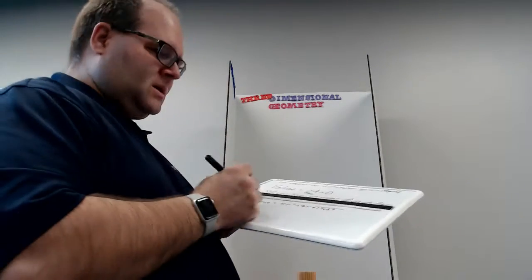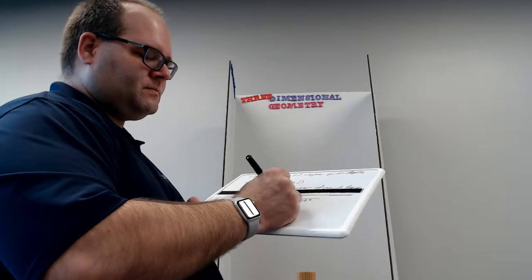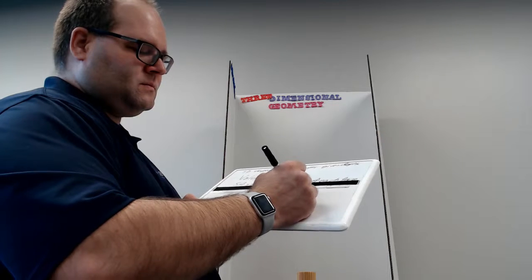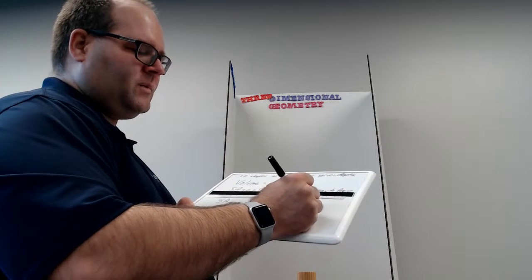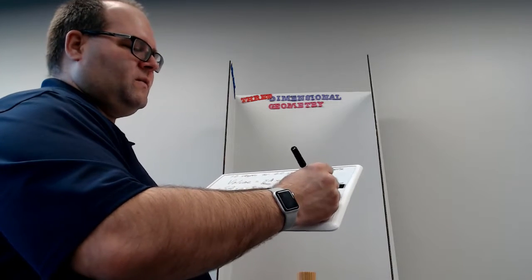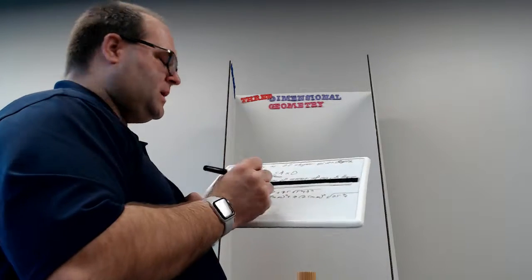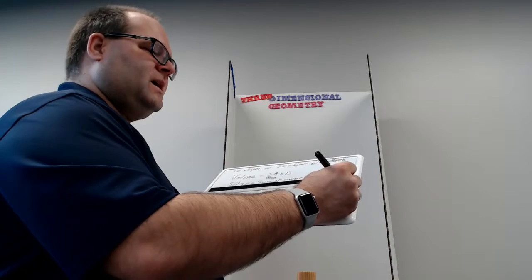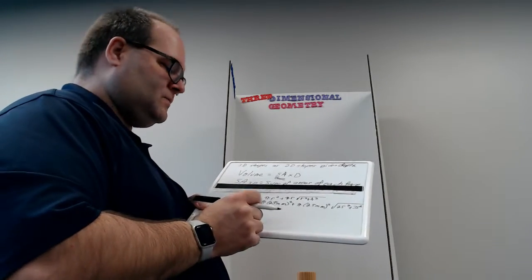So we have a radius of 25 millimeters, the square root of 25 squared, and our height is 75, and we're going to square that.